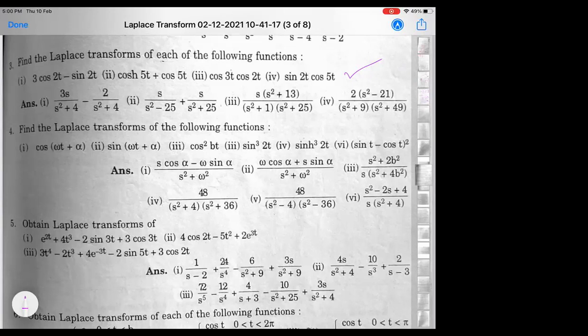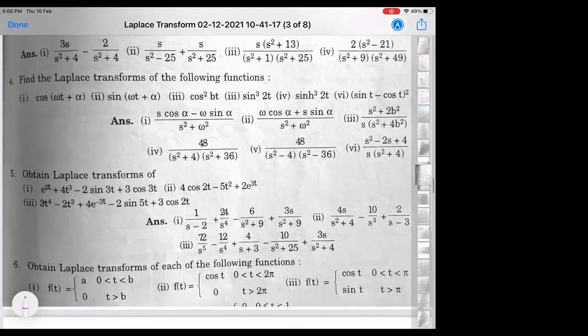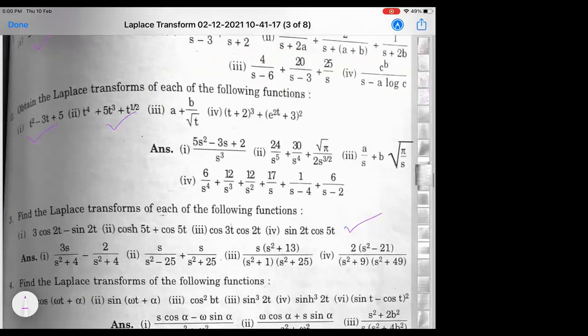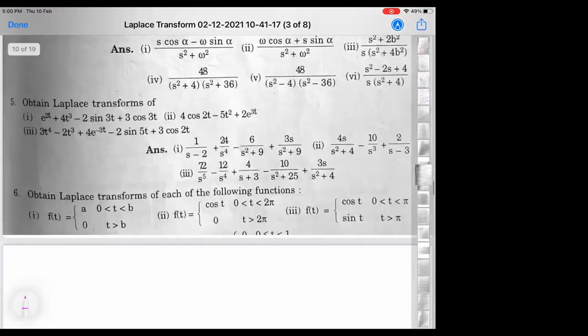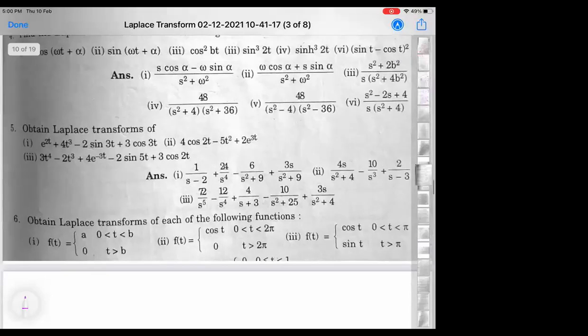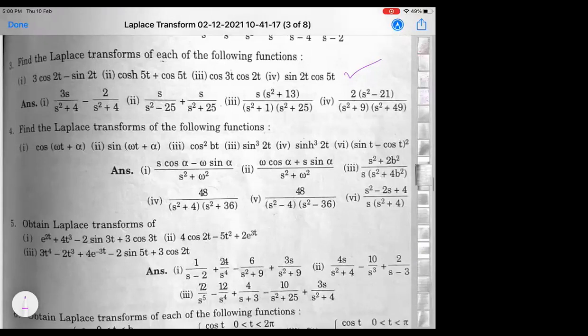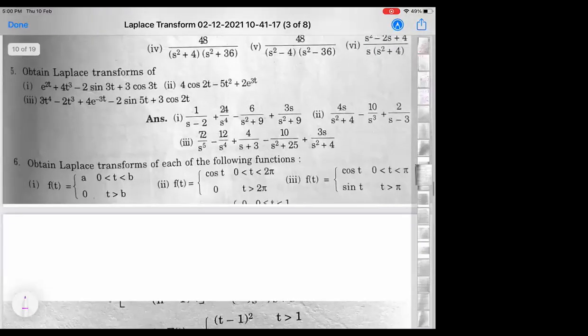Okay, so on Saturday. Ma'am, is it from H.K. Das book? Yes, this is, I think, H.K. Das, or maybe Grewal. I think I have attached the H.K. Das book in the WhatsApp group. Yes, ma'am, you have shared it on WhatsApp. In the H.K. Das book, many things are given. You can refer to that. This one is from Grewal, I think.